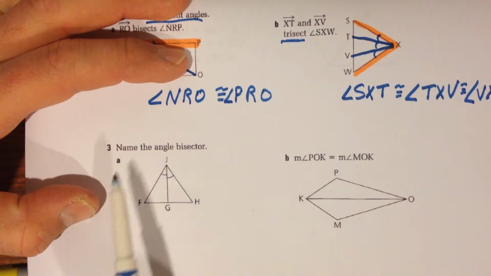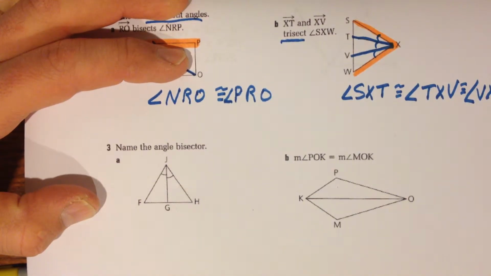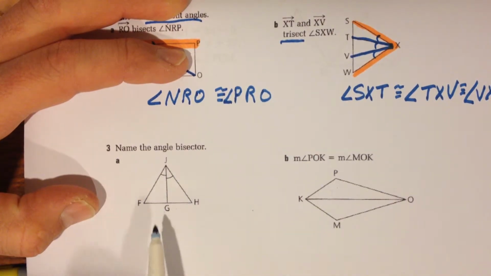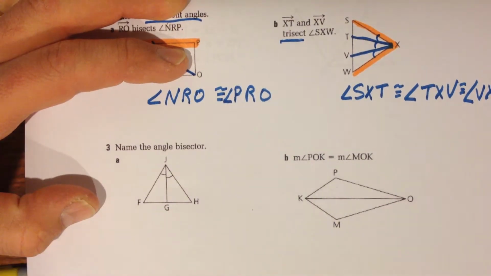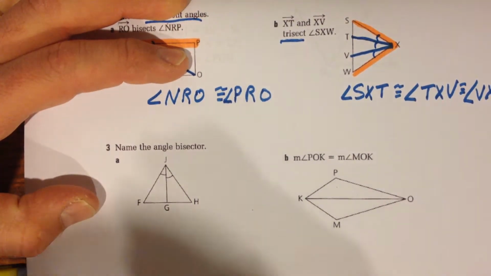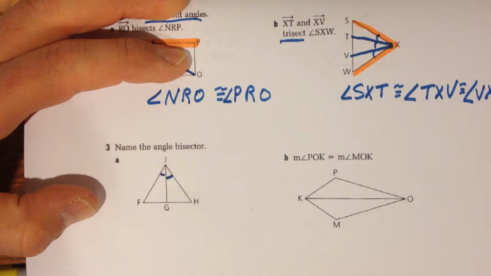Now the question says name the angle bisector. An angle bisector can be a point, or a segment, a ray, a line, or whatnot. In this case, it is a segment. So what bisects the angle? These two little markings here tell me that I have two equal angles.